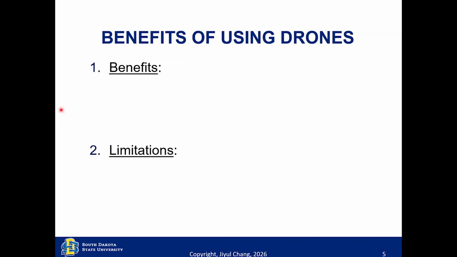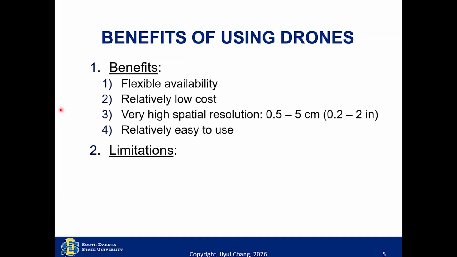There are several benefits when you use a drone. It is relatively very flexible because you can fly anytime you want, mostly. And you can change the payload; you can change the sensors very easily. And it's relatively low cost.